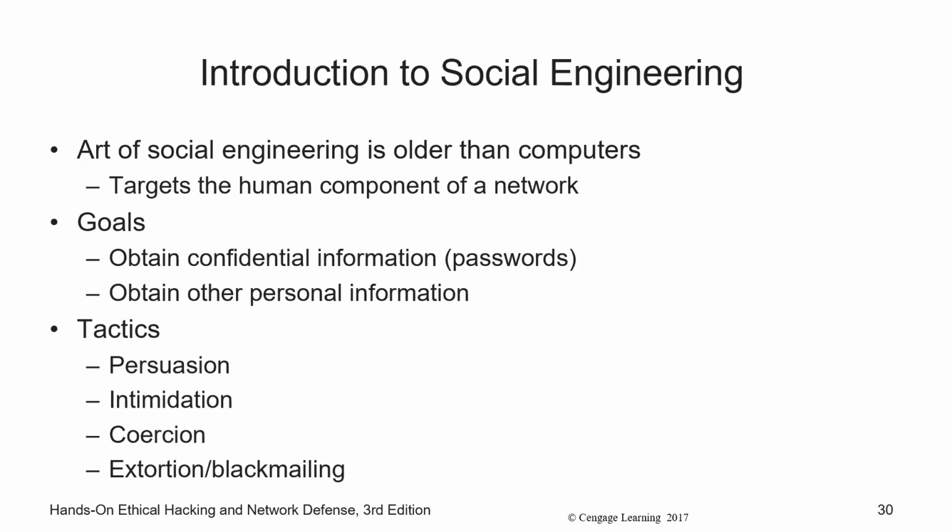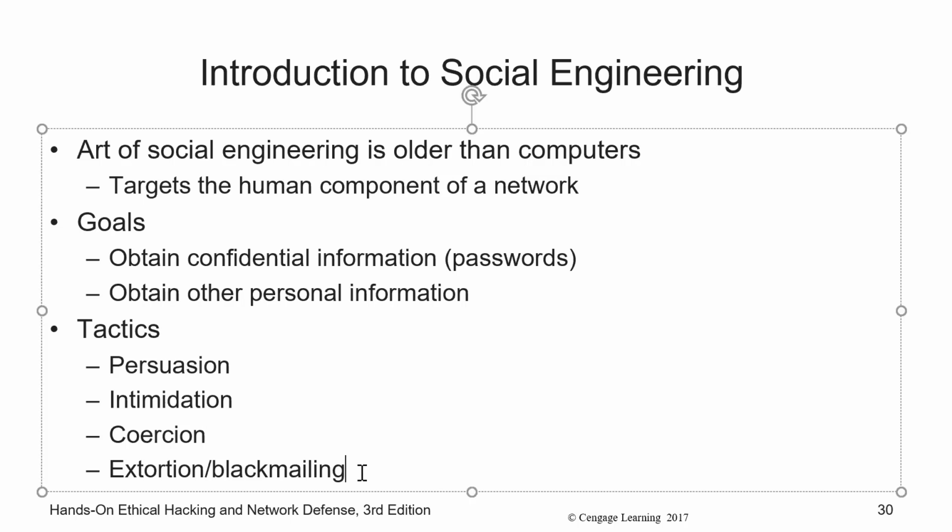All right, social engineering. It is the art of tricking human beings. So it says tactics here: persuasion, intimidation, coercion. Okay, these are great. You're not going to use these in an attack. All you need is the power of persuasion.